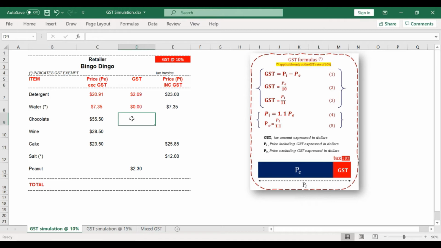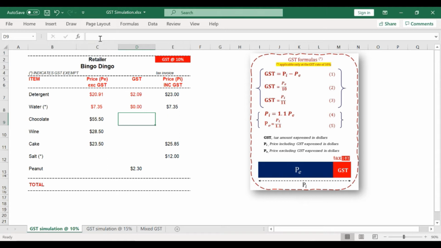Now moving on to chocolate, this time we have in C9 the price excluding GST. So to calculate the GST amount when the price excluding GST is given, there are a number of ways. Probably, if you look at equation number 2 here, it states that if I simply divide that amount, 55.50, by the number 10, then I get the GST amount.